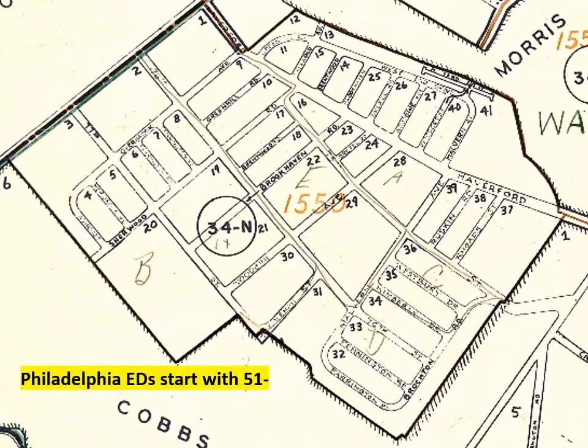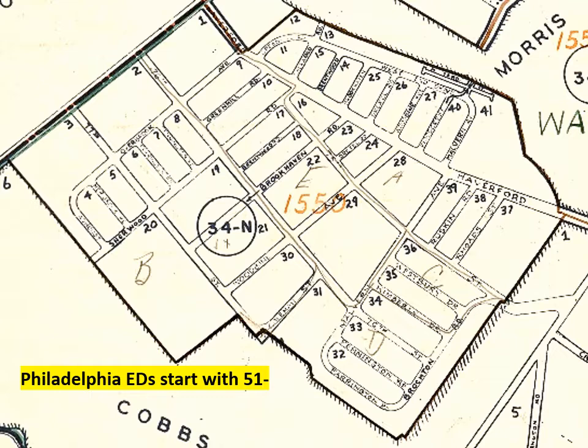This is from Philadelphia. We're looking at 1550. It's not 1550, it's 51-1550. It's a big area. The map itself is dated probably a 1940-41 map for the 1950 census.